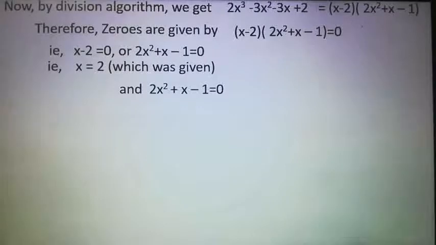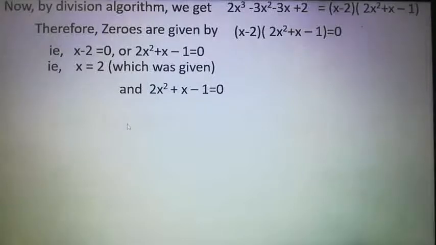Now this is a quadratic polynomial. To find its zeros, you factorize it. Factorize 2x square plus x minus 1 by splitting the middle term. The middle term is plus x, so the coefficient is 1. So a plus b is equal to 1, and a into b is 2 into negative 1, which is minus 2.